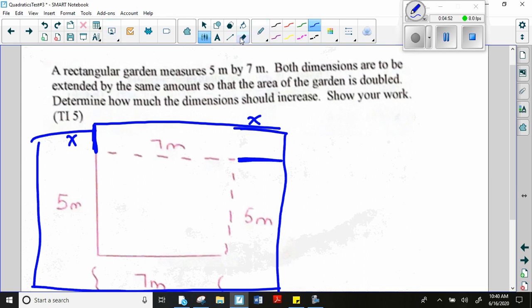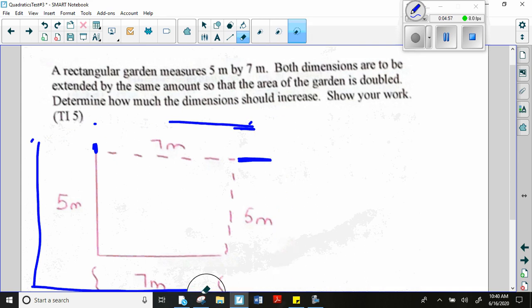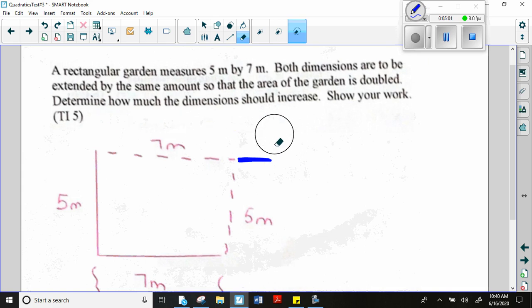Okay? So we know that each side is getting longer. Both dimensions are to be extended by the same amount so that the area of the garden is doubled. Determine how much the dimensions should increase. Show your work.